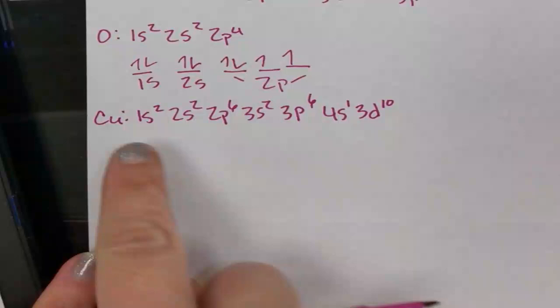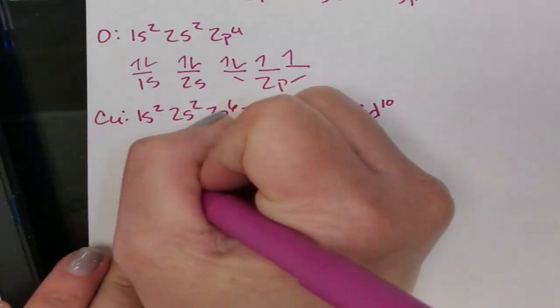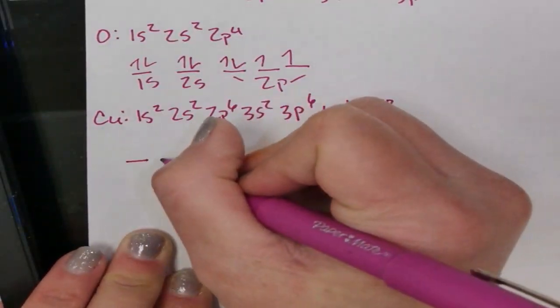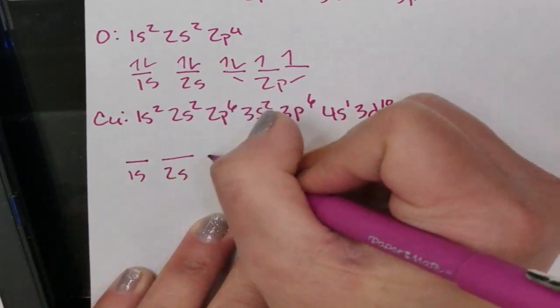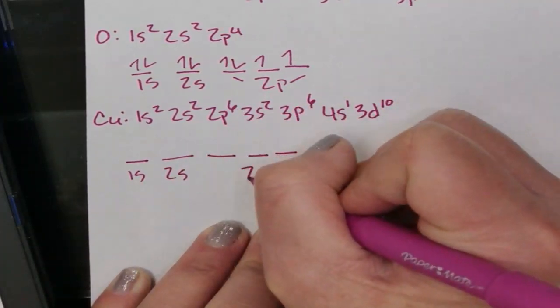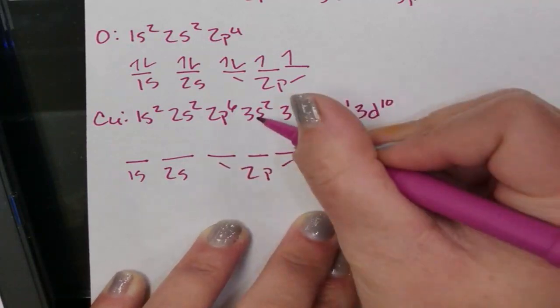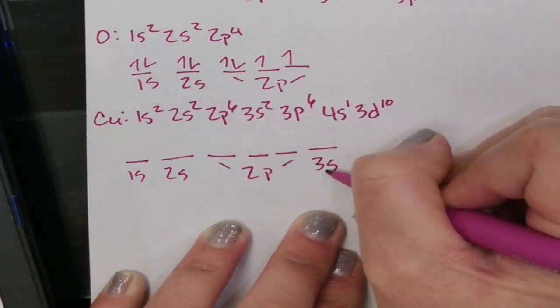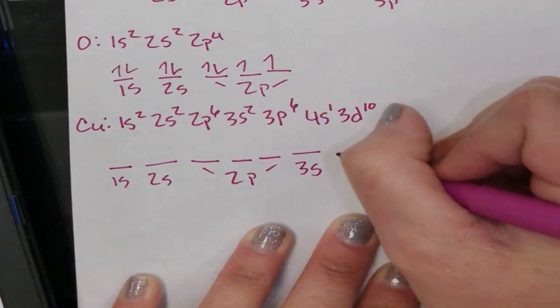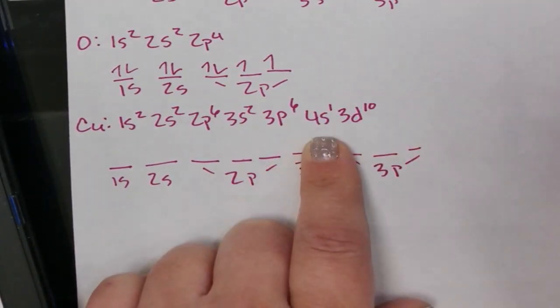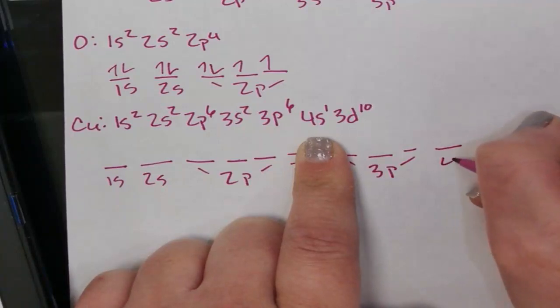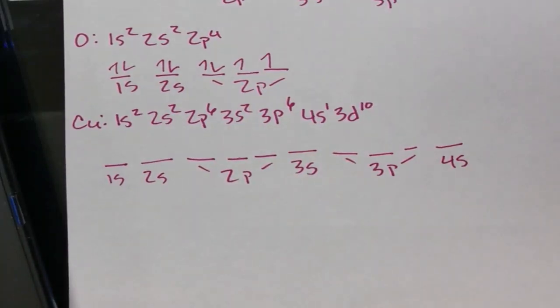Copper, 1s, 2s, 2p. The p has 3 possible. 3s, 3p. The p has 3 possible. 4s, and then the d.